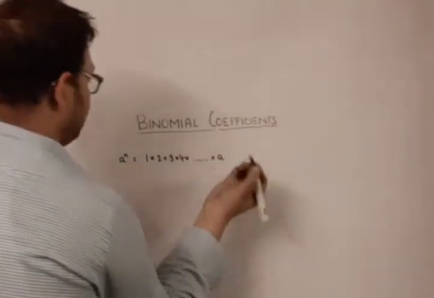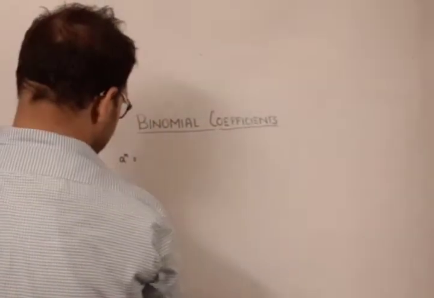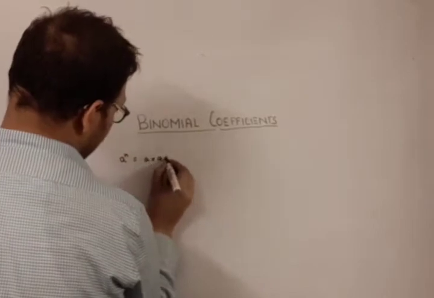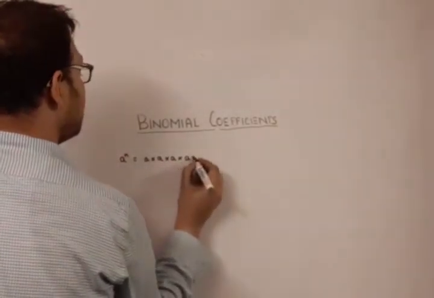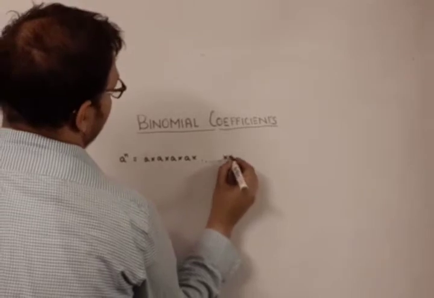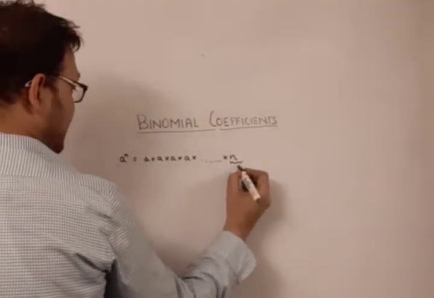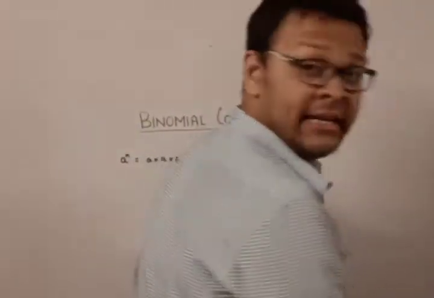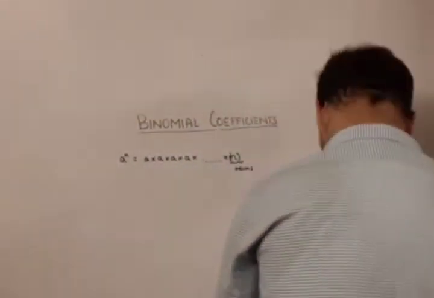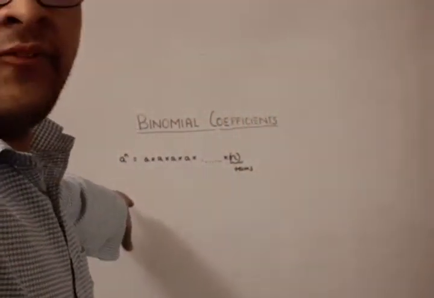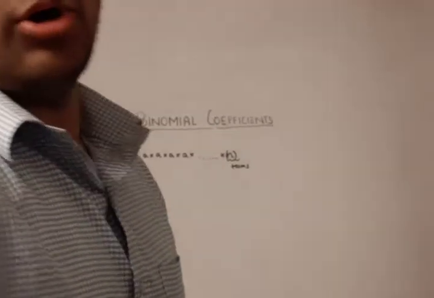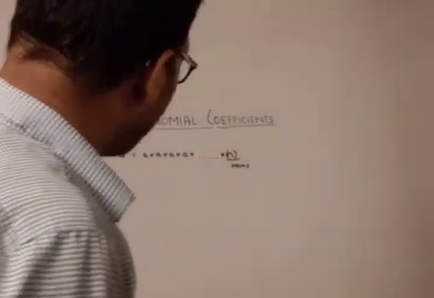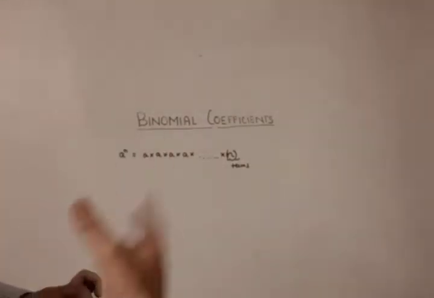Sorry, a power of n means a into a into a into a, up to n times. So a power of n basically means a multiplied n times. So you can see that 2 power n, 3 power n, 4 power n all have the same power. So this is what a power n means, multiplying a repeatedly.